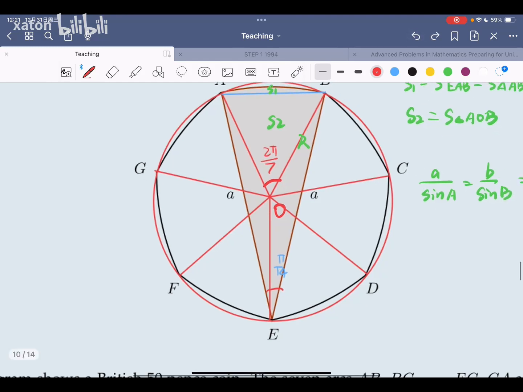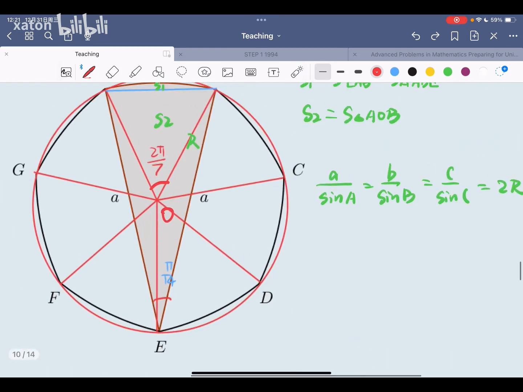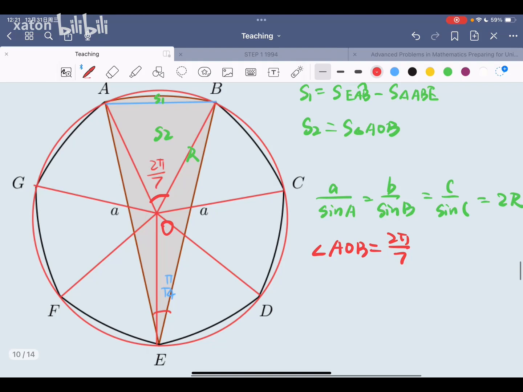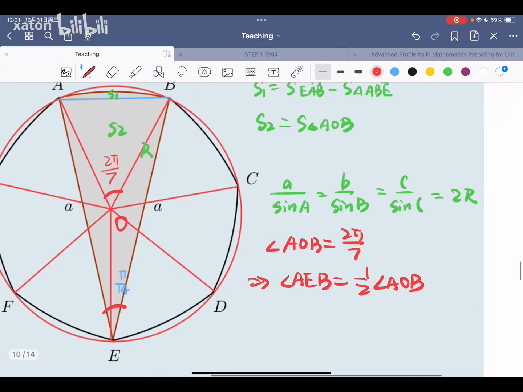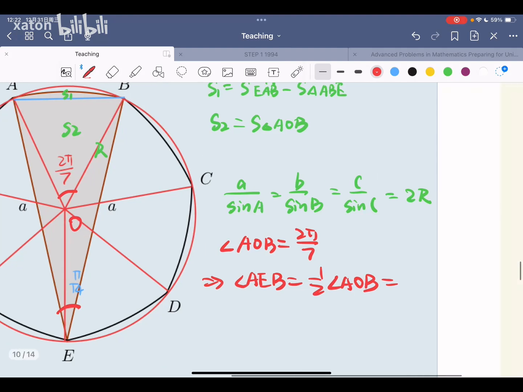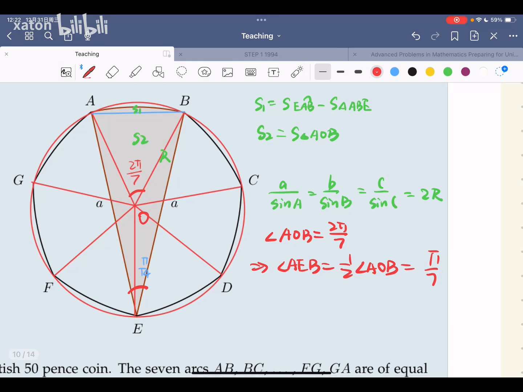So to start with, angle AOB equals 2 pi over 7, and then we get angle AEB equals half of angle AOB, which is pi over 7. And we have A equal B, so this is also something.